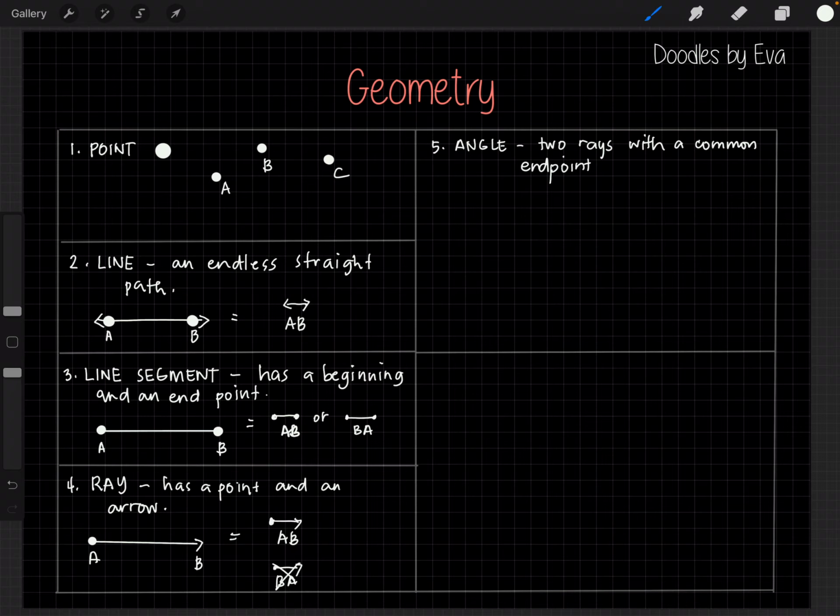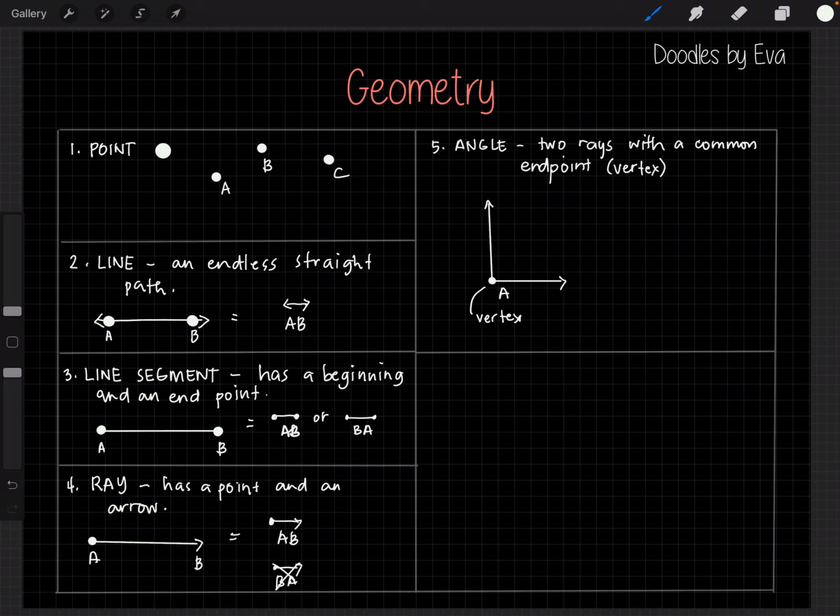And this point is called the vertex. It's the vertex of an angle. And the rays are called the sides of an angle. So, we can say that here is their common endpoint, or this is the vertex. Let's name it A. So this is our vertex. And then let's create the sides. Okay. 2. Okay. There.